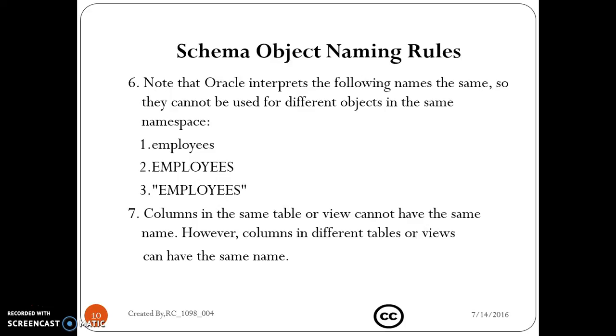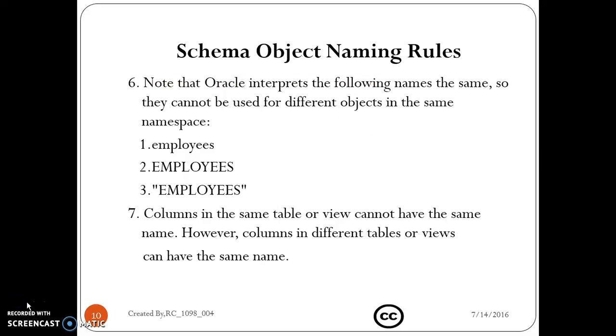Note that Oracle interprets the following names the same, so they cannot be used for different objects in the same namespace: employees, EMPLOYEES, and "EMPLOYEES". Columns in the same table or view cannot have the same name. However, columns in different tables or views can have the same name.